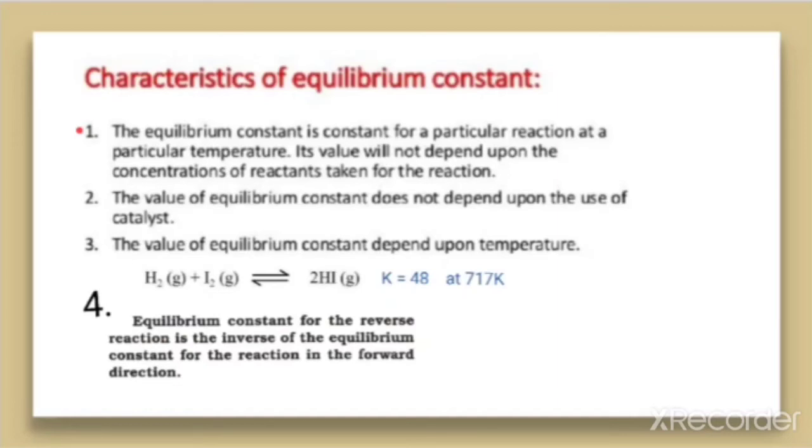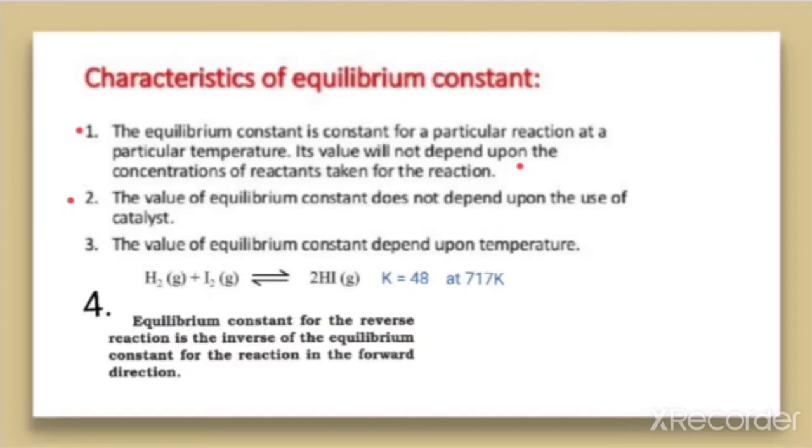Its value will not depend upon the concentration of the reactants taken for the reaction. Its value depends on temperature but not upon the initial concentration of reactants taken for the reaction. The value of the equilibrium constant does not depend upon the use of a catalyst. The catalyst will not affect the value of Kc.